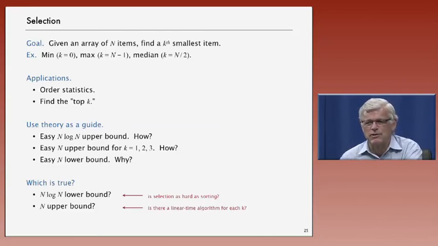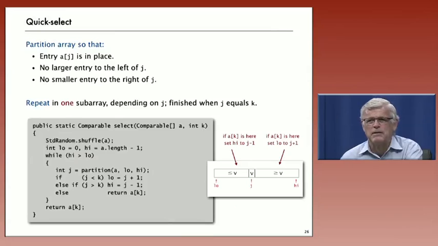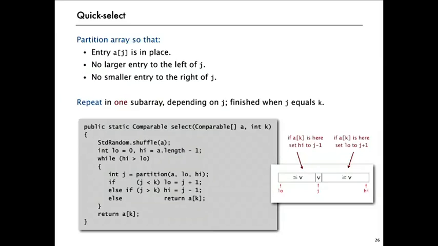So it's an interesting question to think about for sure. Well, in his original paper in 1961, Hoare gave a solution to the selection problem based on partitioning. And the idea is just a version of quicksort in a way.